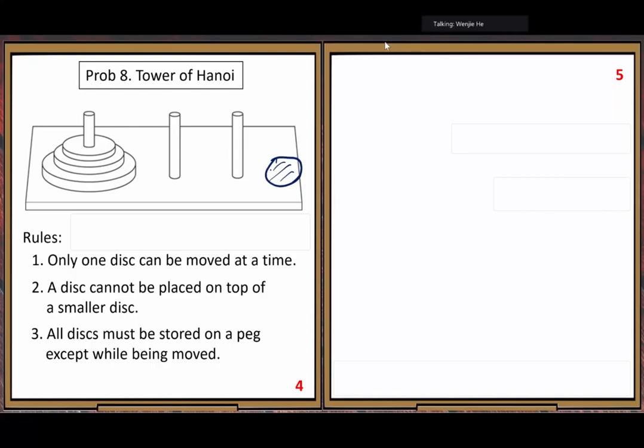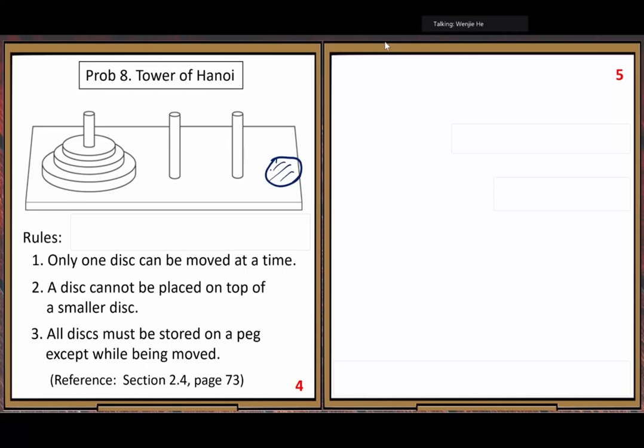In this diagram, you see we have 3 disks. So this puzzle problem is a 3-disk problem. But our goal is to solve the n-disk problem. The 3-disk problem is relatively easy.